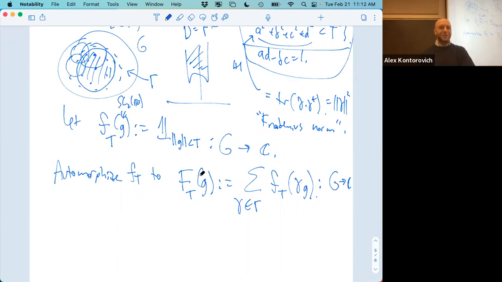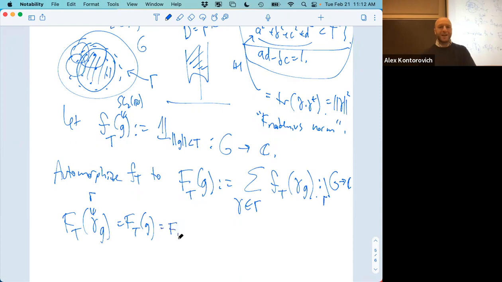If I stick in some gamma in Gamma, F_t of gamma G will be F_t of G. So in fact, it takes values on the quotient. We've automorphized it. We made it invariant under the group.